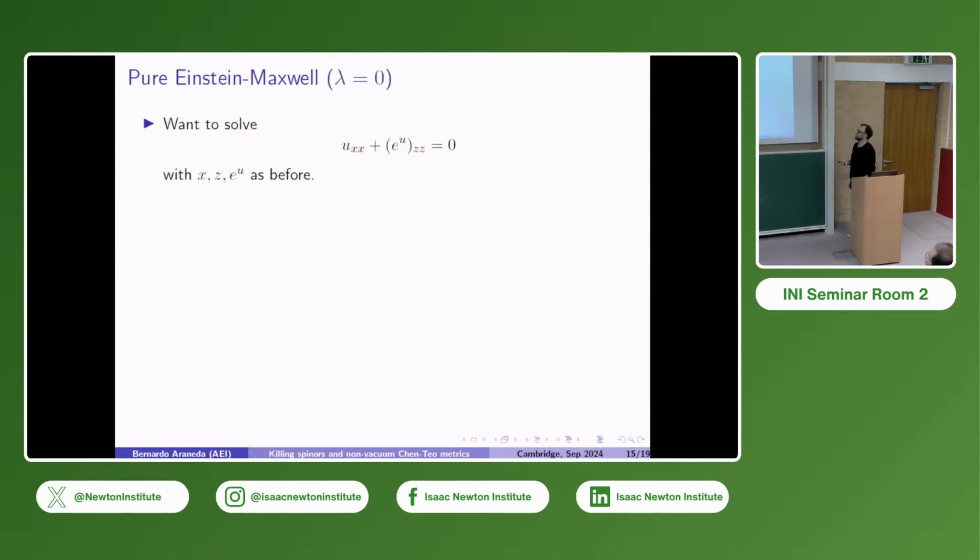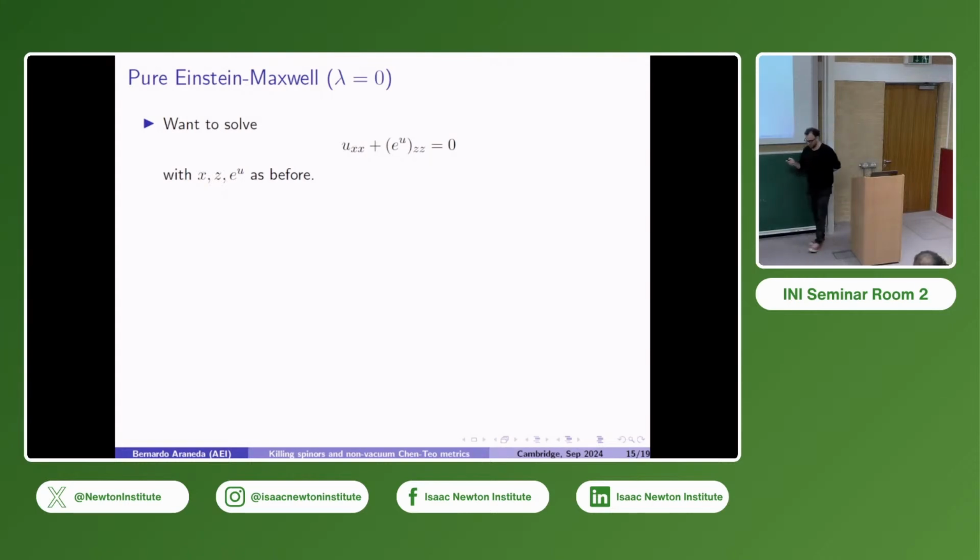Okay. So now, once you have done this, you need to solve the equations. You want to solve the total equation, which is this equation. Let's focus on the Einstein-Maxwell case with lambda equal to 0. If you remember, there was an extra term here, u, y, but y, as they call it in this case, is another Killing field, a second Killing field, and it doesn't appear here. So that's why this equation is a little bit simpler.